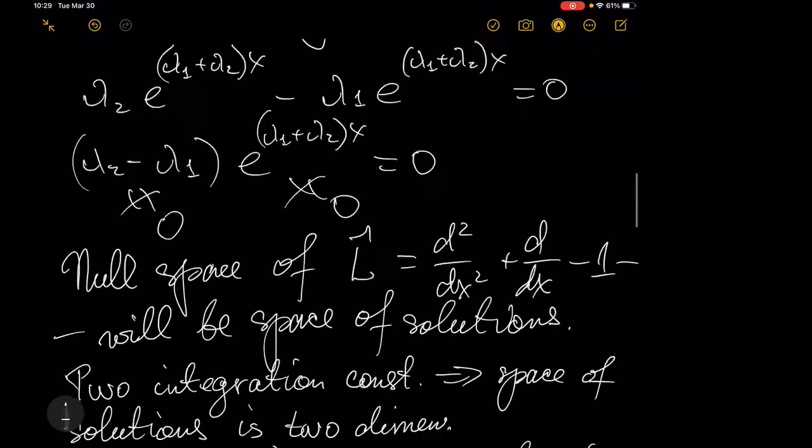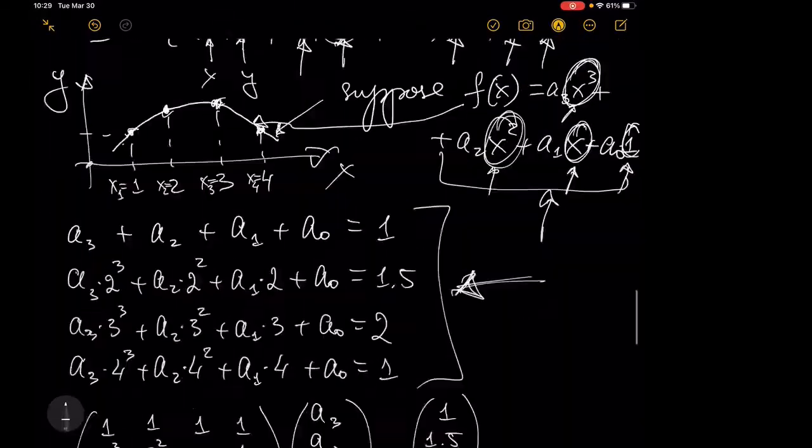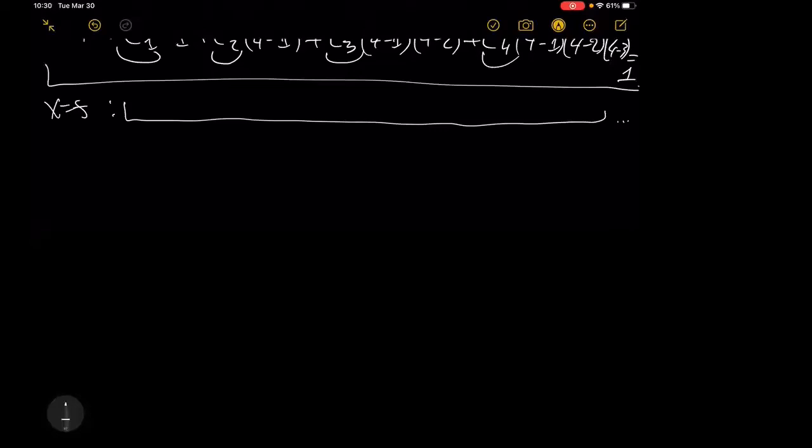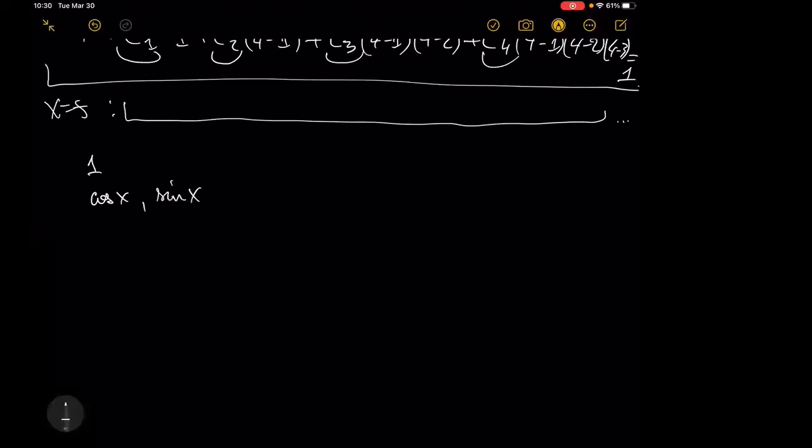For example, it's not necessary to interpolate the function, just represent the function in the basis of polynomials. For example, you can consider the following basis. If we consider x belonging to 0 to pi, and we want to consider a space of 2 pi periodic functions.